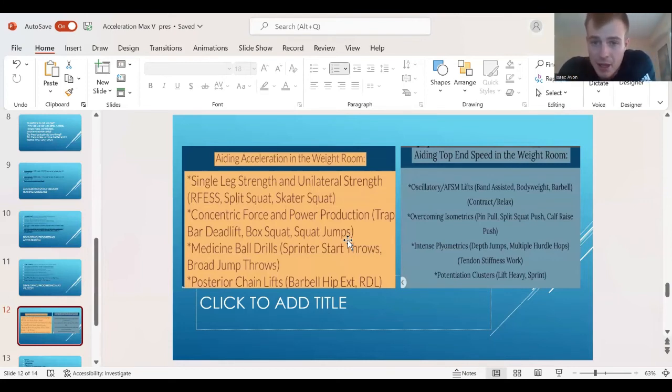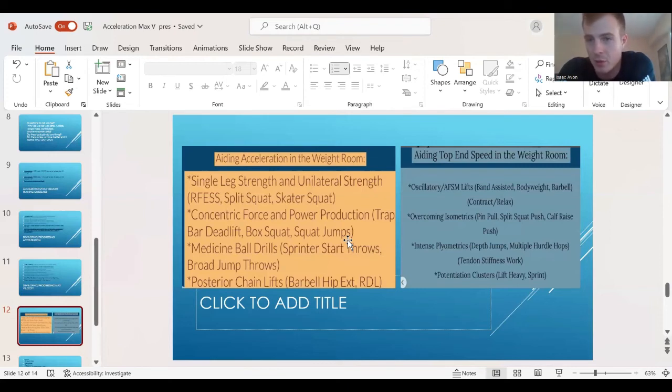Aiding top end in the weight room: some oscillatory, antagonist-facilitated specialized method lifts from Cal Dietz, some band-assisted body weight and barbell work, working on contraction and relaxation of certain big muscle groups, like your quad, hamstring, soleus, gastrocs, and glutes. That's super important stuff we can do in the weight room.